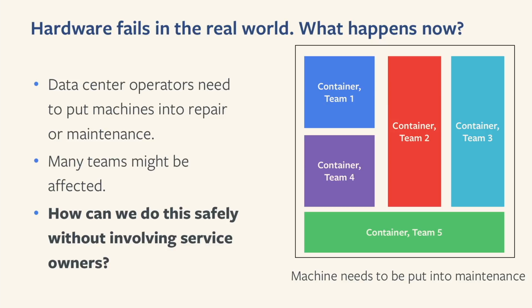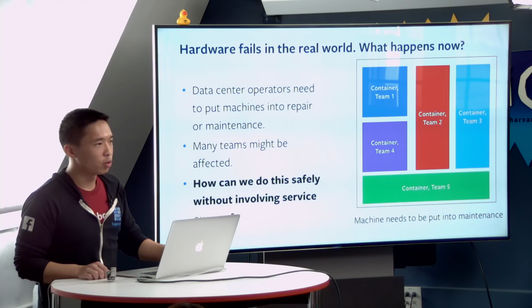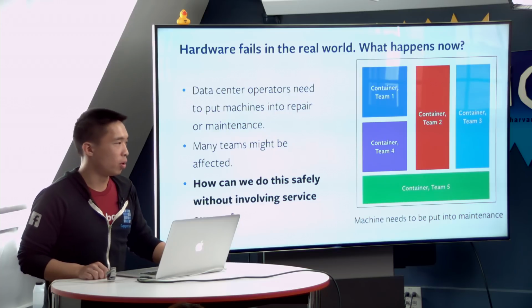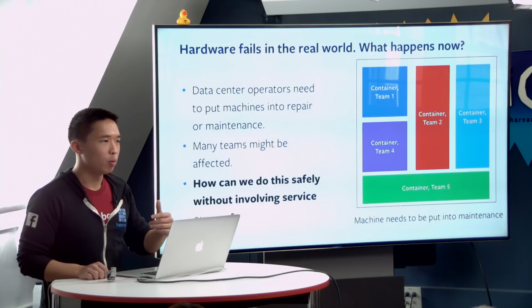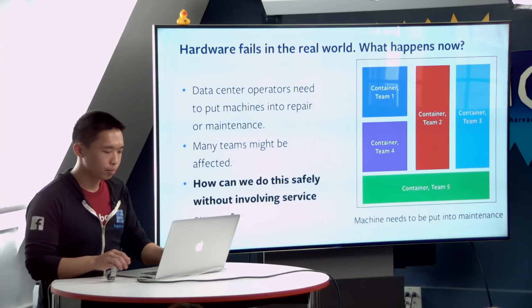Ideally, the data center operators would need to interact with all those different teams in order to have them safely move replicas away before taking down all 1,000 machines. So the goal is how can we safely replace those 1,000 machines in an automated way and have as little involvement with service owners as possible.